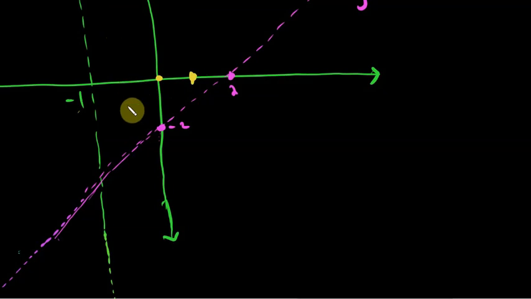Find out what is the value here at x equals minus 0.5.